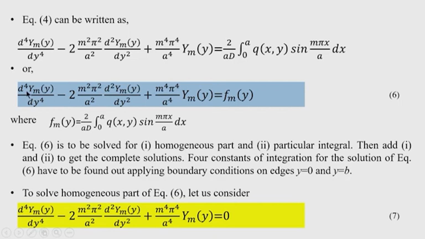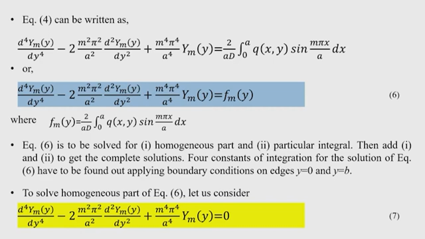Now, you can see here it is a fourth order differential equation. So, naturally, when you get the complete solution of the homogeneous equation, we get 4 constants of integration. Those 4 constants have to be evaluated using the boundary conditions at the other 2 opposite edges.